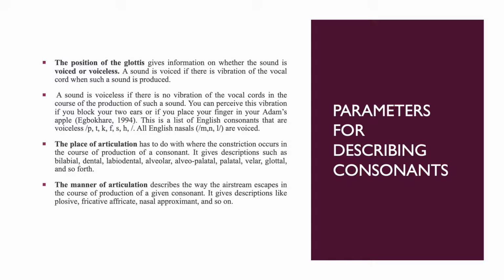You have labiodental, that is, the lips and the dental. You have the alveolar, palatal, so you have the alveolar ridge, then the palate, together in the production of such a sound. So when you're looking at these descriptions, you're talking about place of articulation.